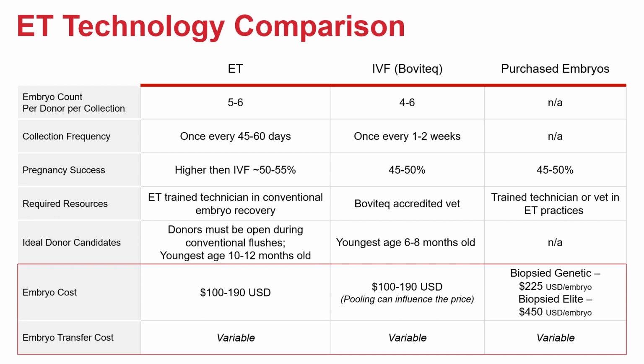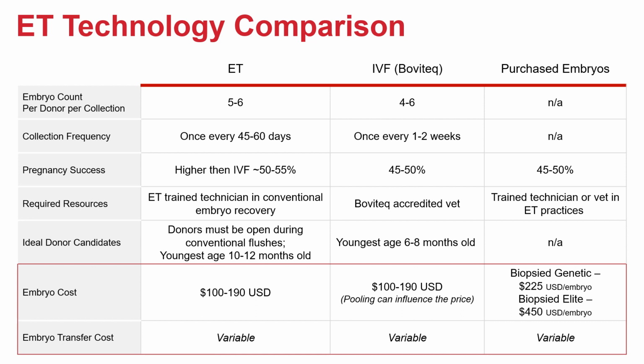We have a range of needing a simple trained technician to, in the case of IVF, needing an accredited veterinarian. Now, depending on when a breeder wants to begin collection on their donors, IVF might favor conventional embryo transfer. As we can see, we can start with a little bit younger cohort of animals under the IVF model.